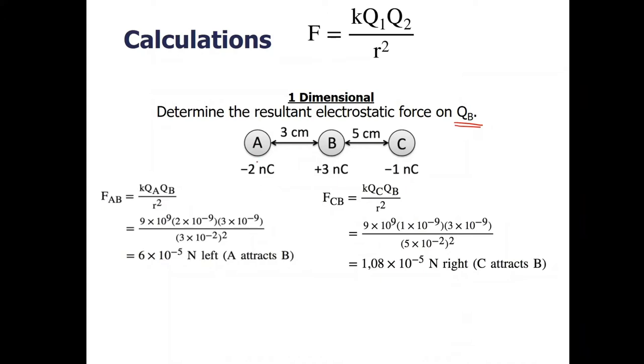So you can calculate the resultant on A, you can calculate the resultant on B, and you can calculate the resultant on C. Our question asks for B. Okay, now, the easiest way to get to the direction is to draw a free body diagram. Guys, you will never escape free body diagrams. Use them in every single chapter that you do. Okay, so they want the force on B. So this is B, the free body diagram of B.